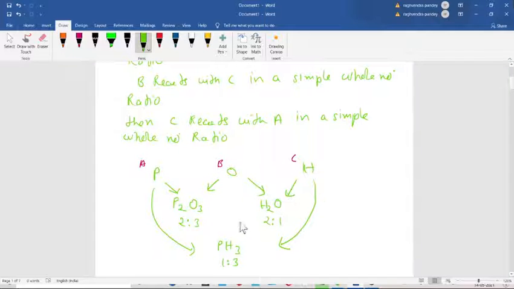That is your law of reciprocal proportion. There are numericals based on that, where you check whether it is coming as a whole number or not. That is the basic thing. So this is one of the laws.